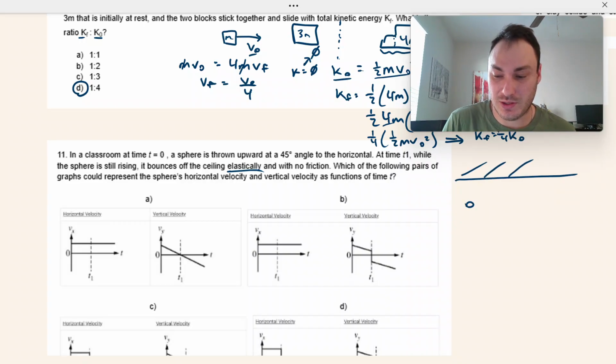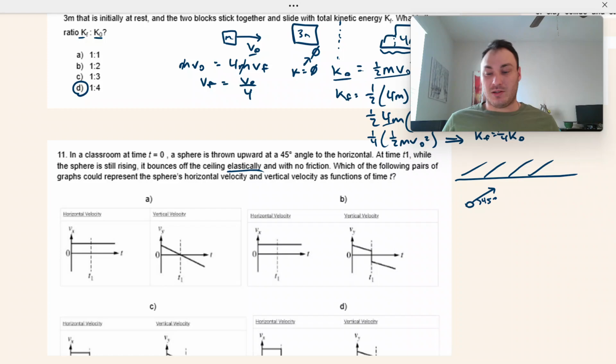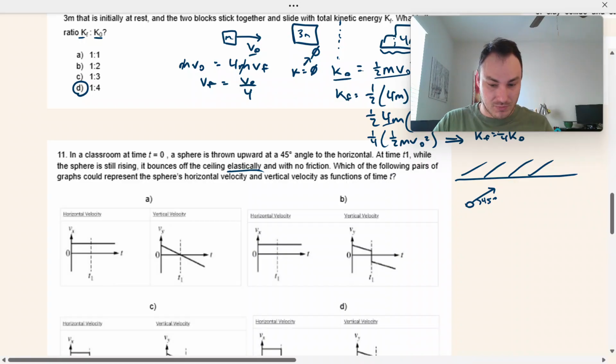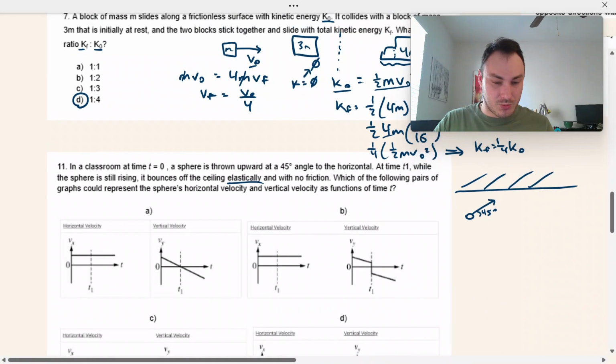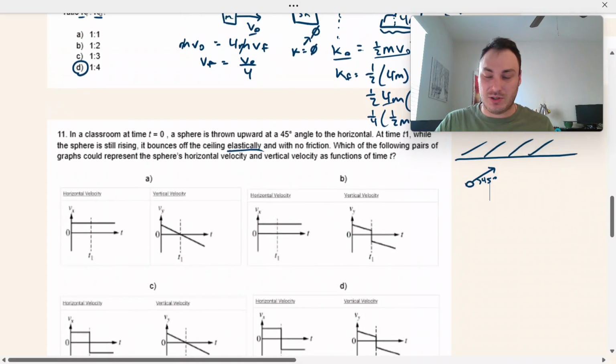So this is the ceiling. We're throwing a ball up at 45 degrees, and it's going to collide with the ceiling perfectly elastically. And we have to pick which of these graphs is going to show us what's going to happen.